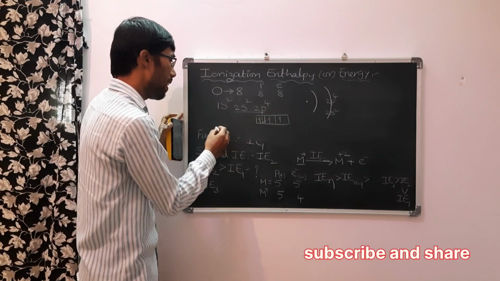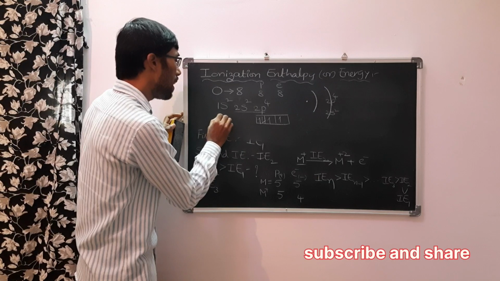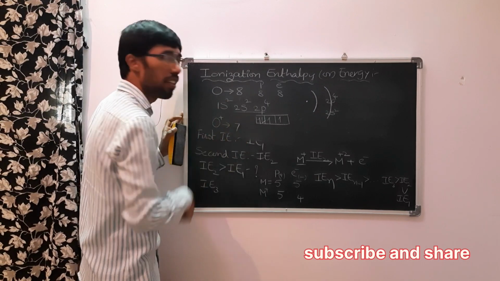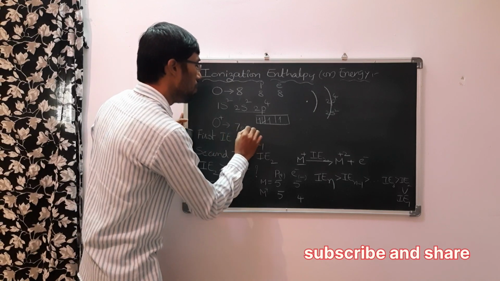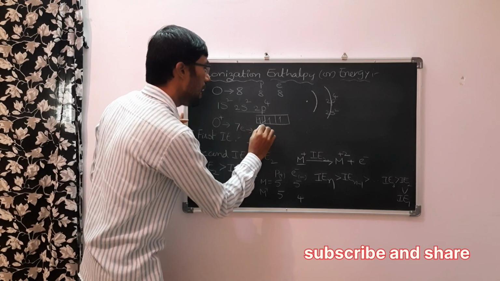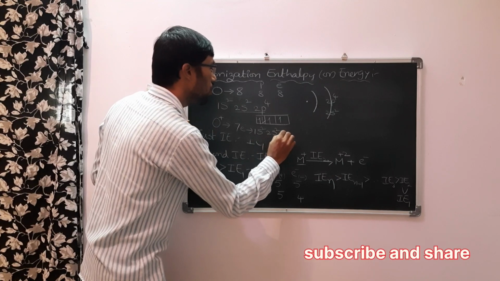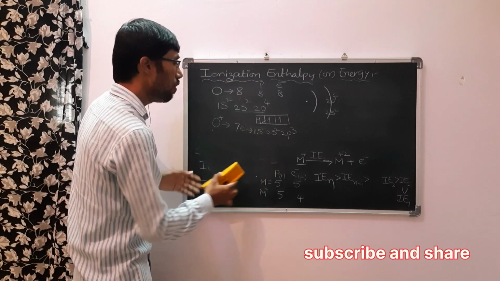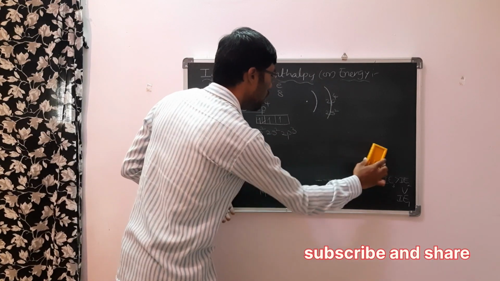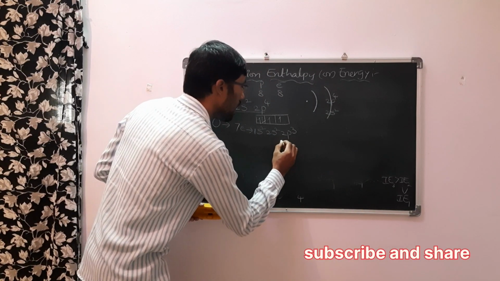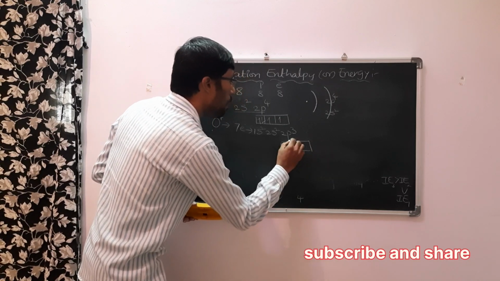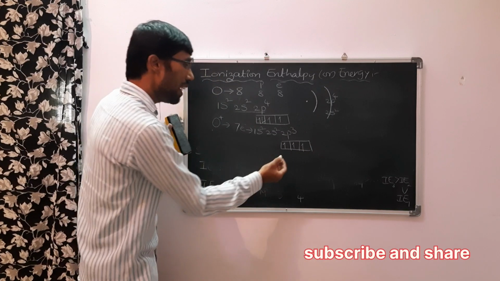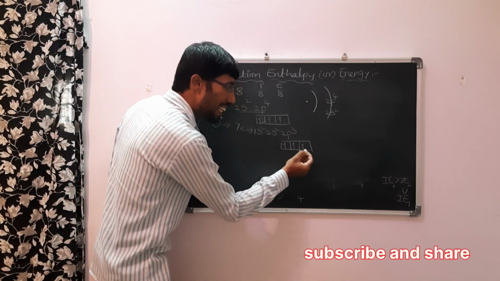After removal of one electron, the number of electrons in the O plus ion is 7. So we write the electronic configuration as 1s2, 2s2, 2p3. When you observe the outermost valence shell electronic configuration of the O plus ion, 2p has 3 electrons.